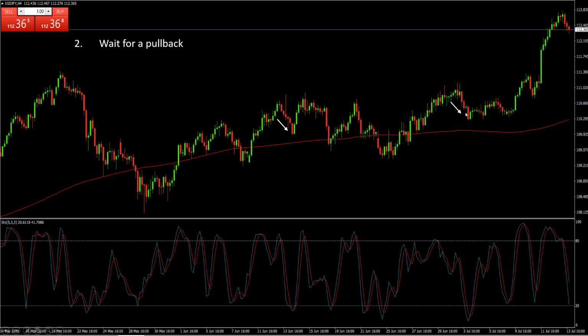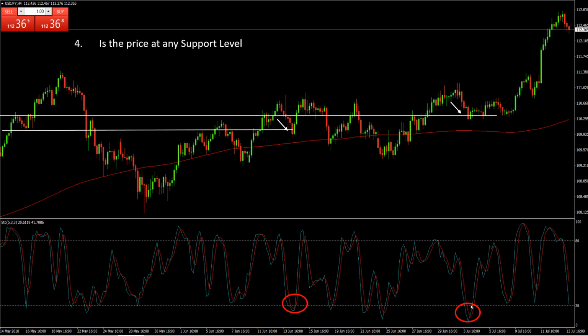At this point, you need to see what the level of stochastics is. Is it oversold? Yes, it is. Even in the second case, you can see it is oversold, which is below 20%. And then you check for any support level or previous resistance.